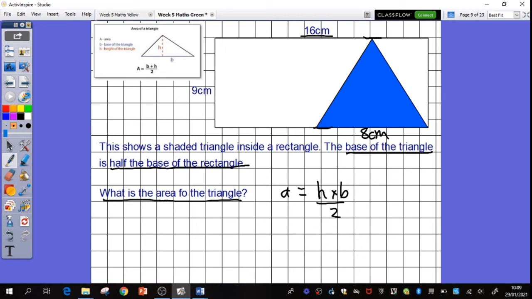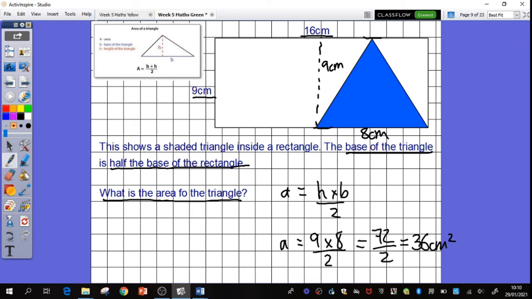So it tells me on the side here that that is 9 centimetres. So the height of my triangle must be 9 centimetres. So now I know that area equals the height, which is 9, times its base, which is 8, and I'm going to divide it by 2. So I've got everything I need from the problem. 9 times 8 is 72, divide that by 2, 36 centimetres squared.